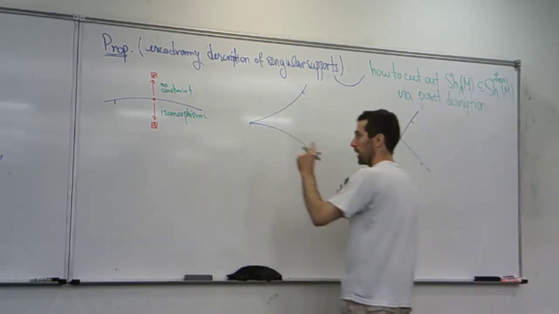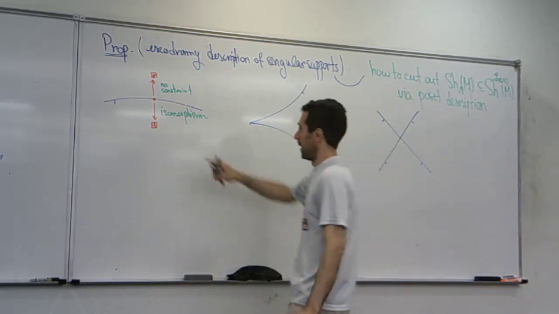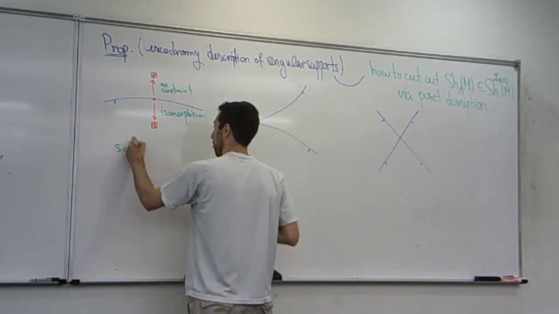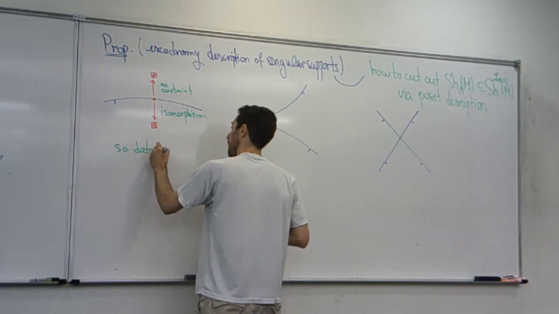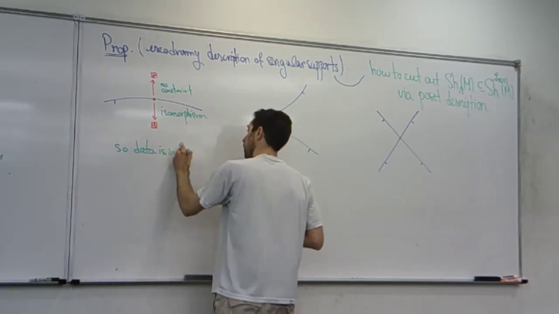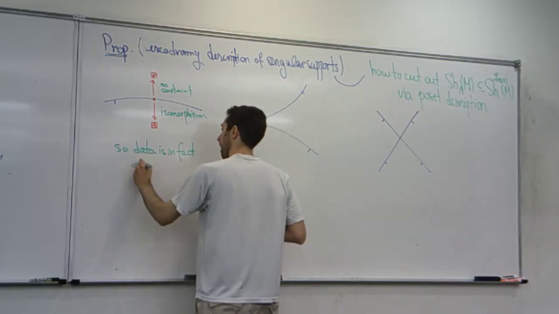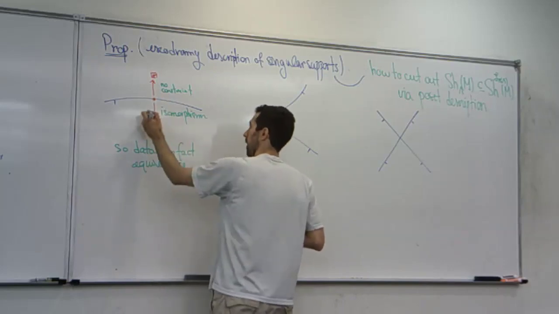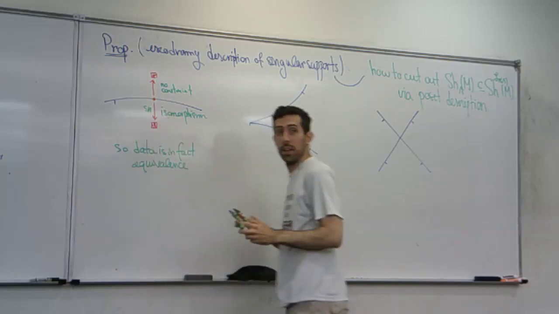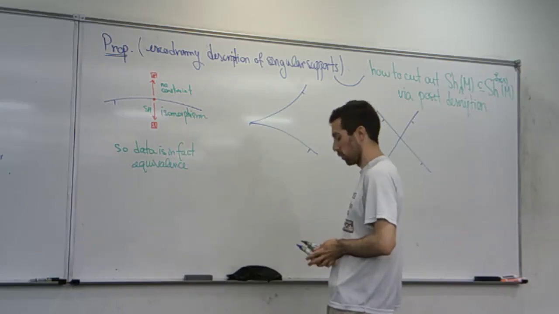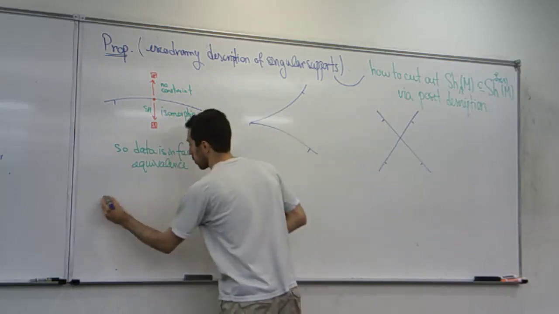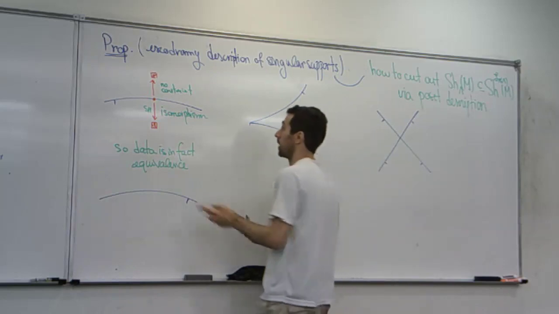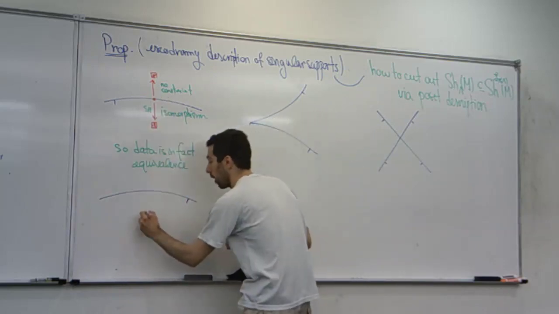Okay, so now let's understand this for a second. This data is in fact equivalent to what? Well, if the bottom one is an isomorphism, it means I can invert it. So the data needed in order to specify a sheaf whose singular support is this Legendrian oriented downwards never really had to remember what was on the arc.